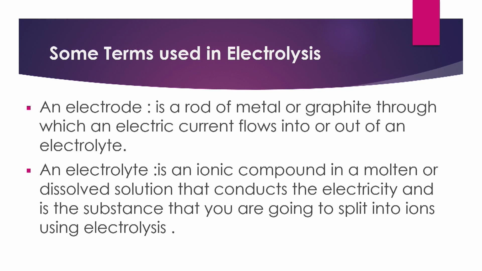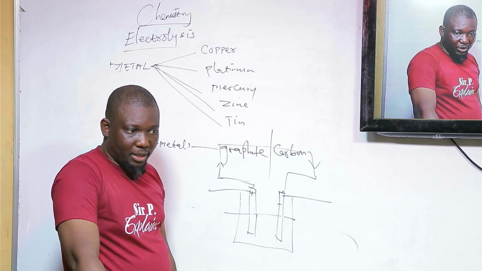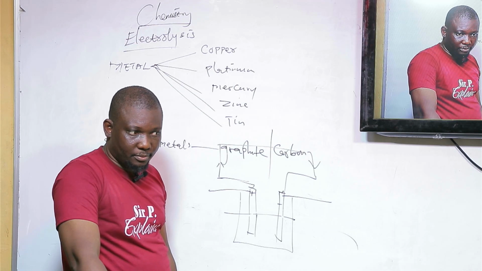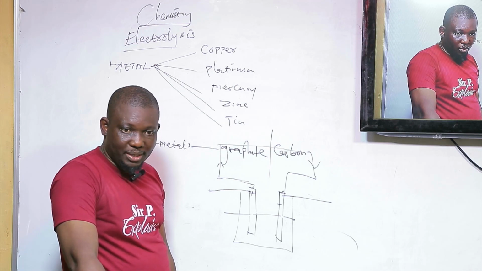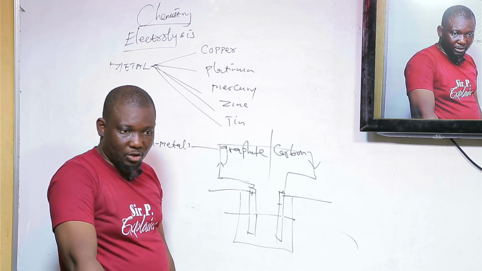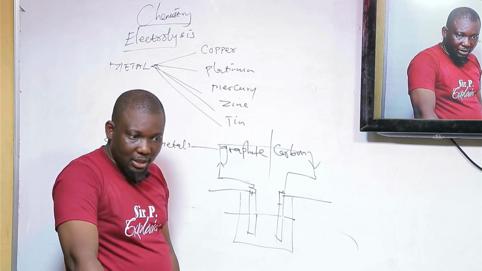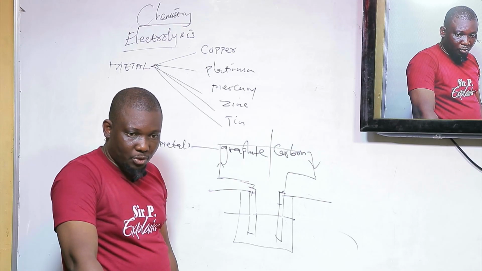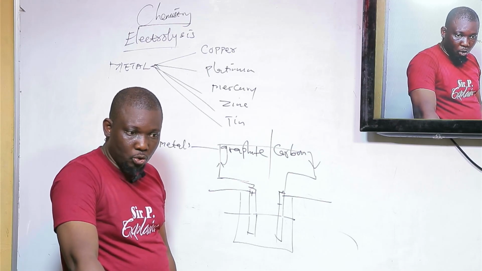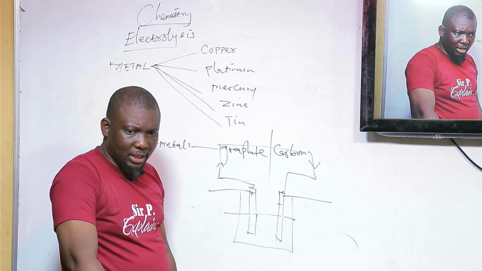So to coin it together, electrolytes are ionic compounds. Don't just say they are compounds, because it's misleading. If you say they are compounds, covalent compounds are not electrolytes. Covalent compounds, like most organic compounds such as glucose and sucrose, are not electrolytes, but they are compounds.